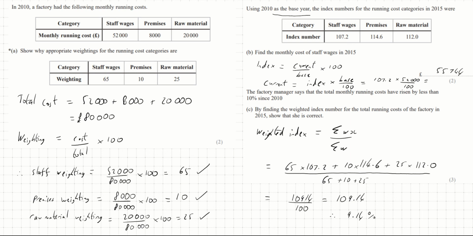That's what a 109.14 index number means. And the question asks us to show that the factory manager is correct. The factory manager says that costs have risen by less than 10%. Well, since 9.14% is less than 10%, therefore the manager is correct.